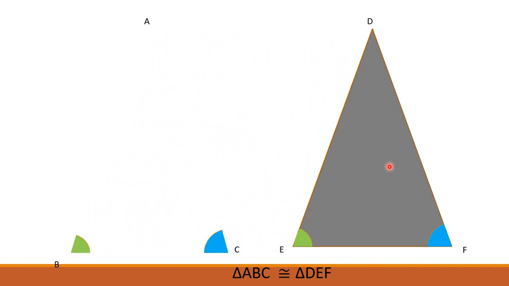See, triangle DEF covers triangle ABC completely. So this means the two triangles are equal in measure. So we can say the triangles are congruent by the ASA congruence rule.